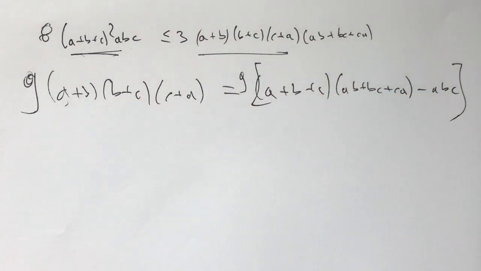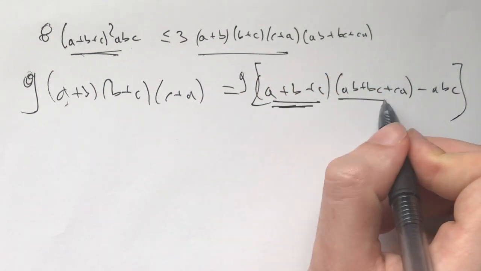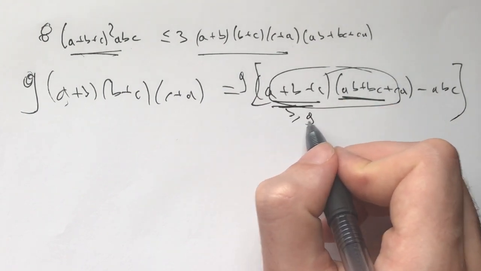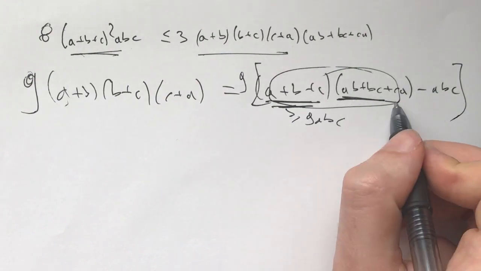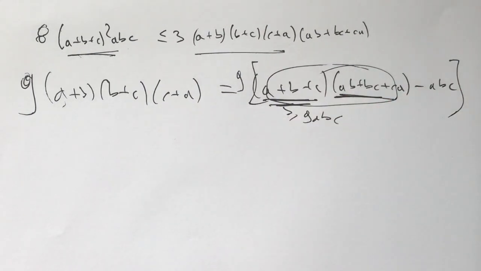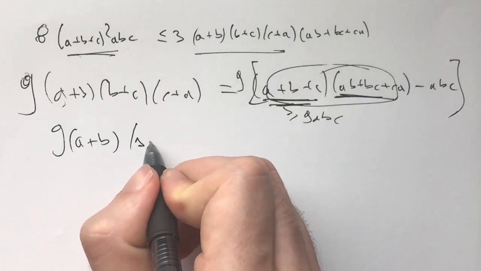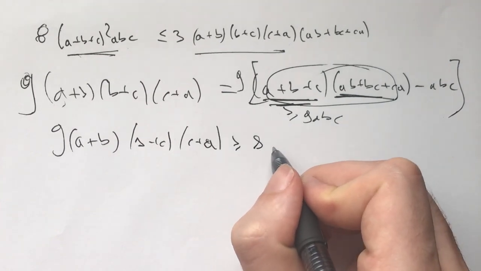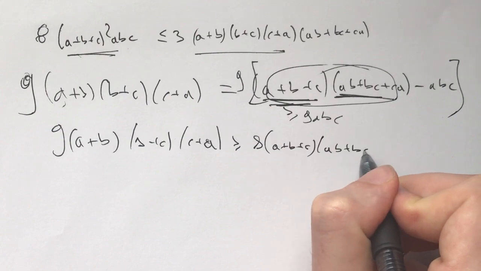And with that, you also know that this thing right here is greater than or equal to 9abc. You just use AM-GM here, AM-GM here, and you get that's the case. So we know that 9 times a plus b, times b plus c, times c plus a is greater than or equal to 8 times a plus b plus c times ab plus bc plus ca.